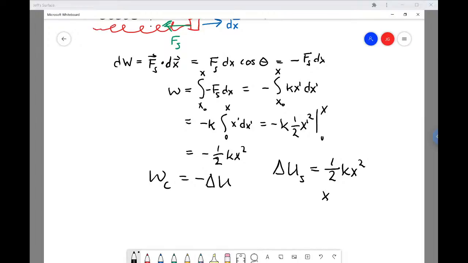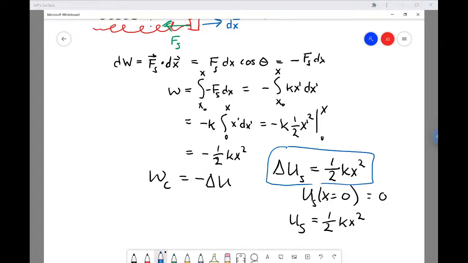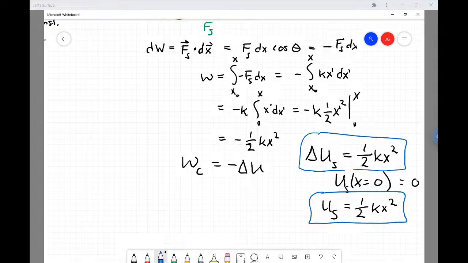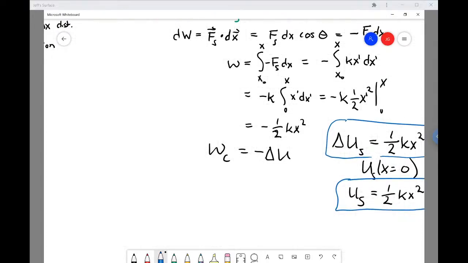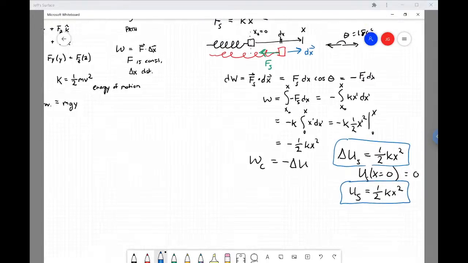And it's customary to say that the amount of spring energy you have when x is 0 at equilibrium is 0. So at any other point, the amount of energy you have is just 1/2 kx squared. So you could think about it as a change, or in this case, the 0 point is well defined, so you can think about it in absolute terms as well.